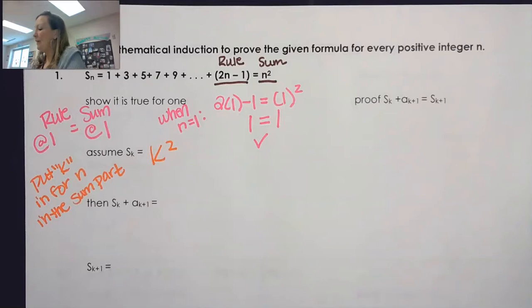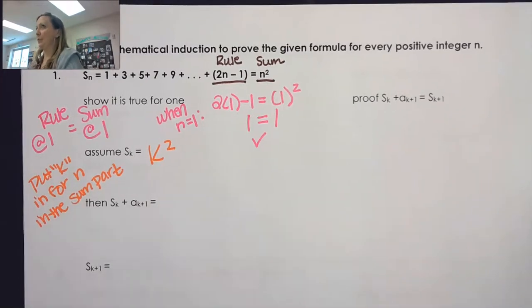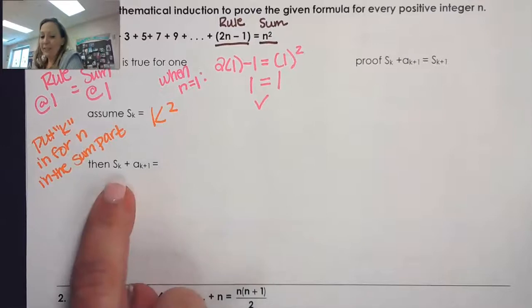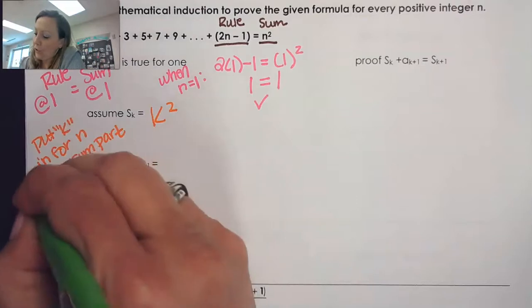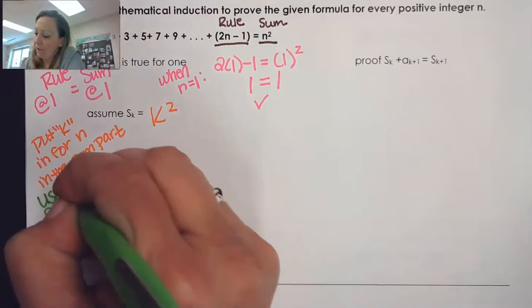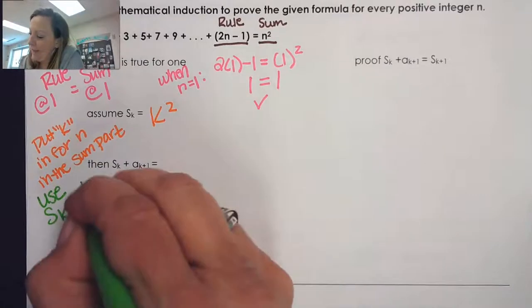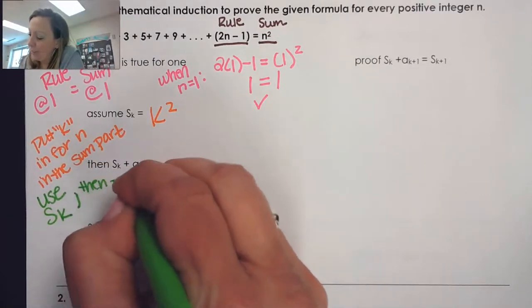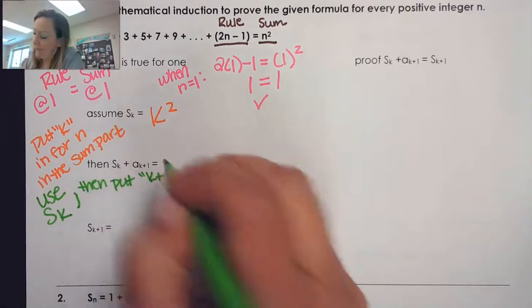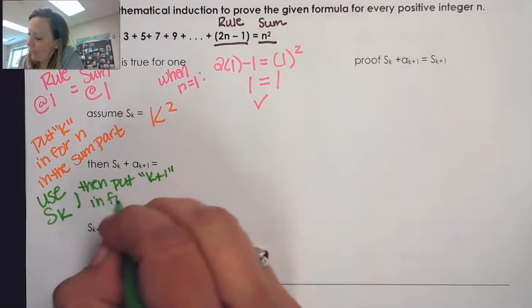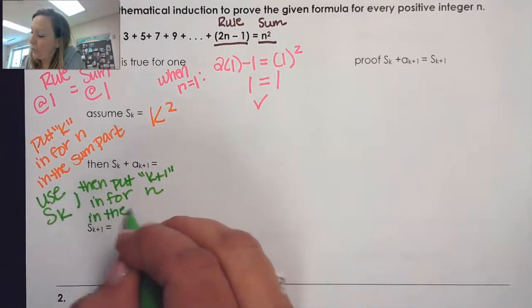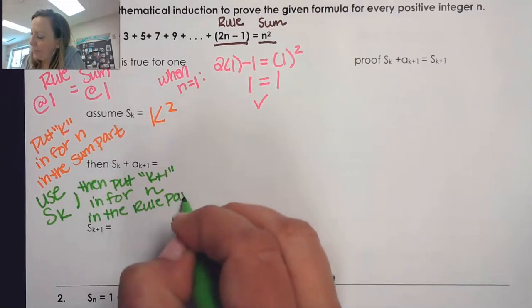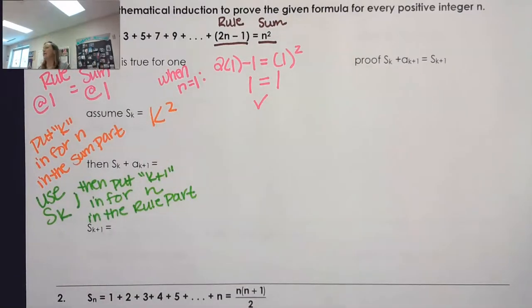This next part is kind of organizational. We'll see this as we go forward. Then let's put what S sub k plus a sub k plus 1 is going to equal. We're going to use the S sub k that we just found, okay? Then we're going to put k plus 1 in for n in the rule part, because a sub whatever tells us our rule.